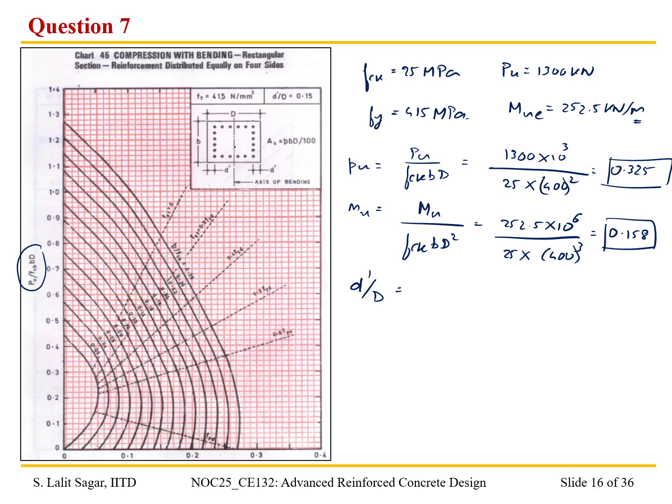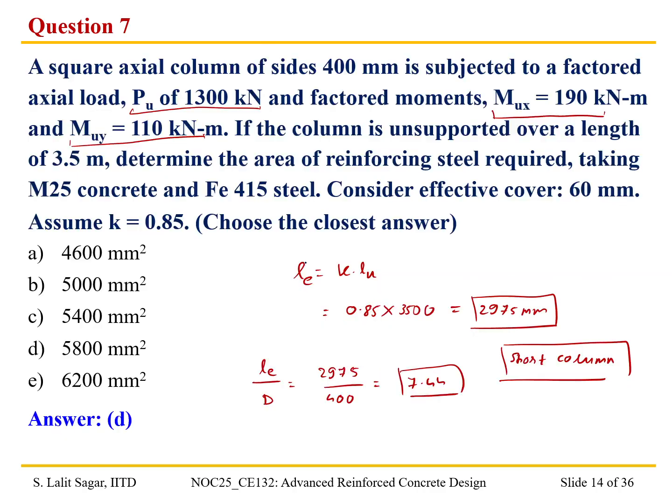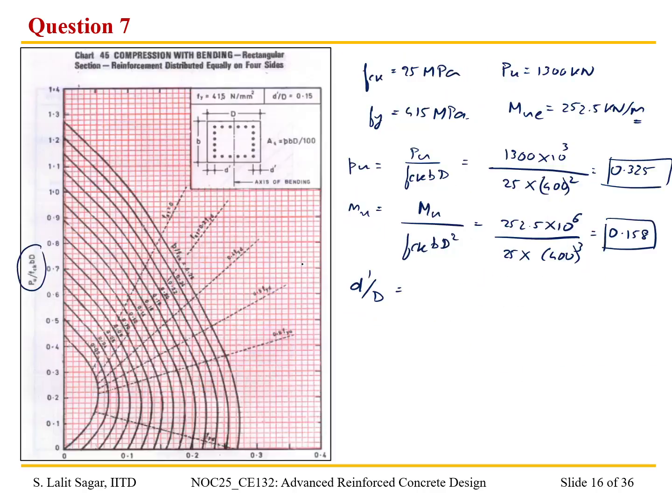If this is the bending axis, perpendicular to that, what is the effective cover? I believe we have considered that as 60 millimeter, right? So it is 60 by the overall depth, that is 400 millimeter, which gives me a value of 0.15.